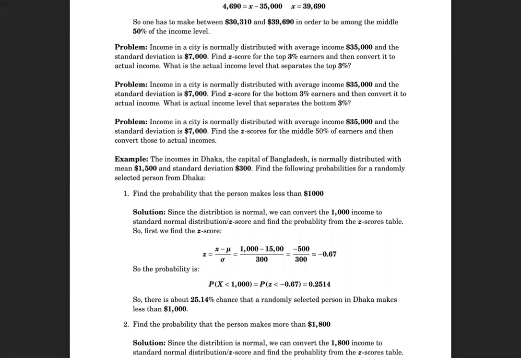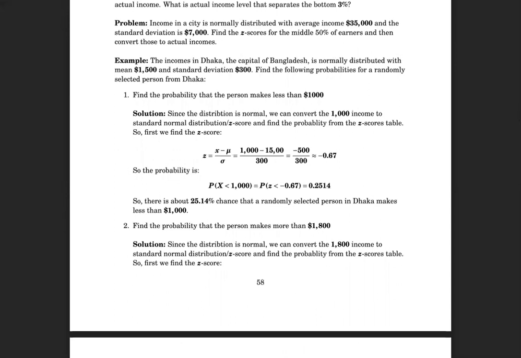Now, the incomes in Dhaka, the capital of Bangladesh, are normally distributed with mean $1,500 and standard deviation $300. Find the following probabilities for a randomly selected person from Dhaka. Again, here we exclude extreme values.